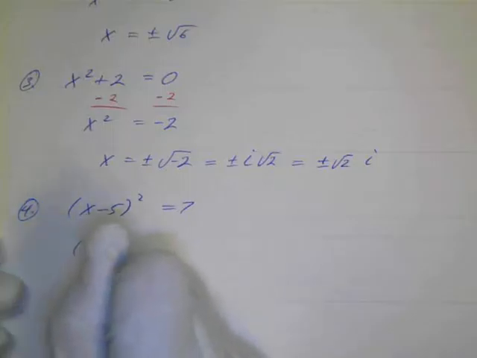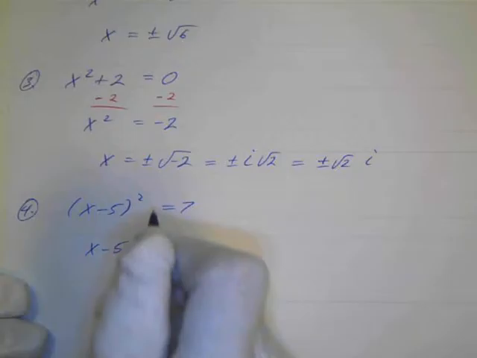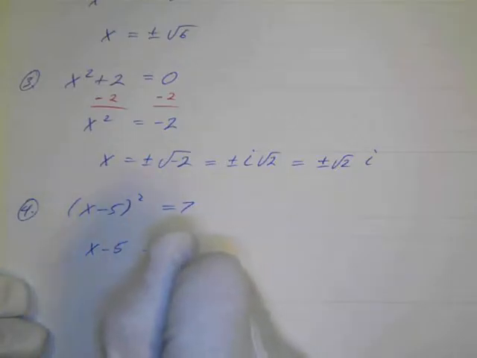Oh, I don't need the parenthesis there. x minus 5. Get rid of that. There we go. So x minus 5 equals plus or minus the square root of 7.